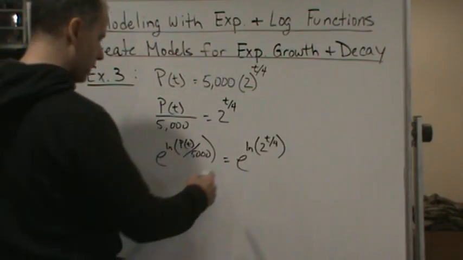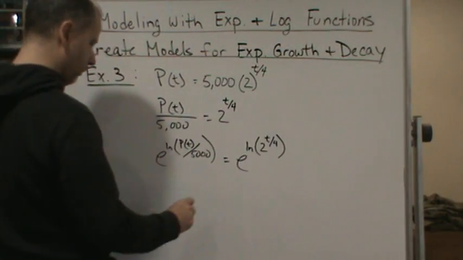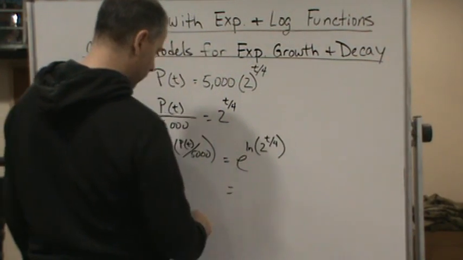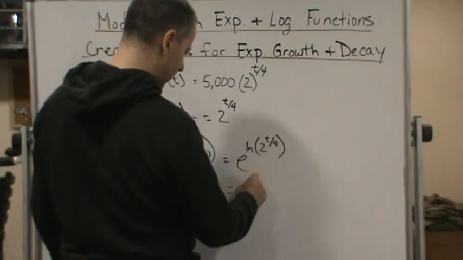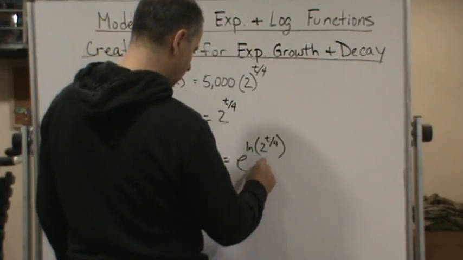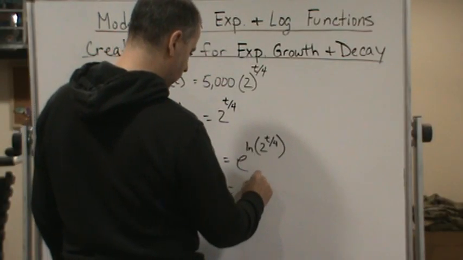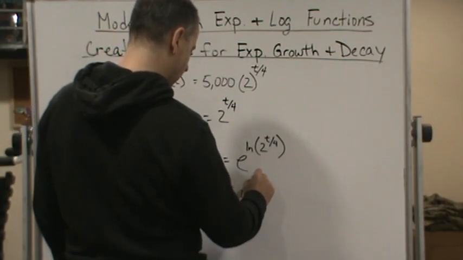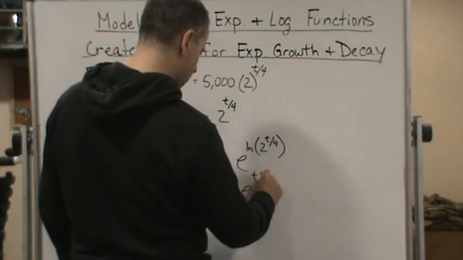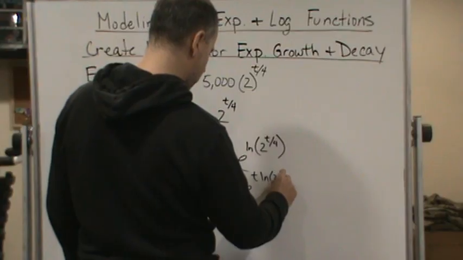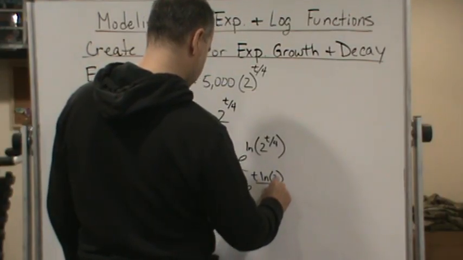And now what I'm going to do is I'm going to simplify this side for a moment. So just disregard this, but I'm going to rewrite this. So this is going to be e, and this is going to be what? I'm going to pull the exponent out, and I'm going to write this as e to the what? T times the natural log of 2 all divided by 4.